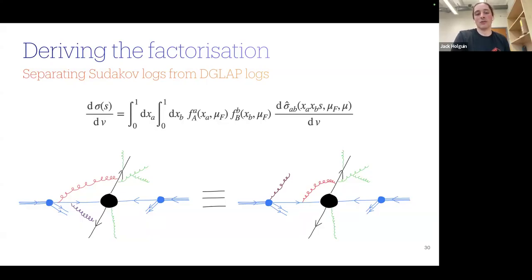And the master formula is telling us that we can compute this observable and resum all the logarithms by reattaching this red gluon, which is linking the initial state to the final state. And therefore, because it's dependent on the final state, it will have a Sudakov logarithm, one of these log squareds. We could reattach it to after the violet gluon so that we can imagine the red is just a part of the partonic cross-section and the violet is a part of the proton.